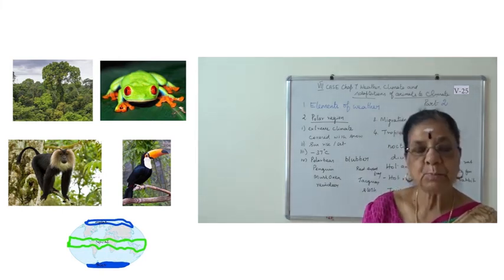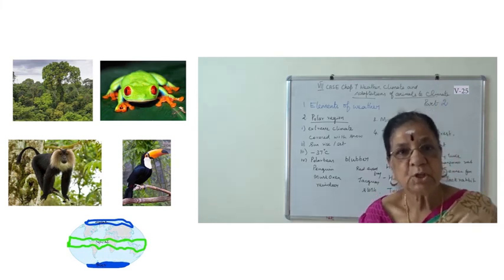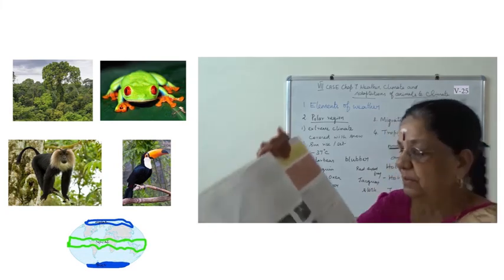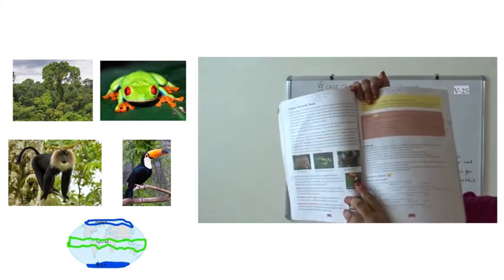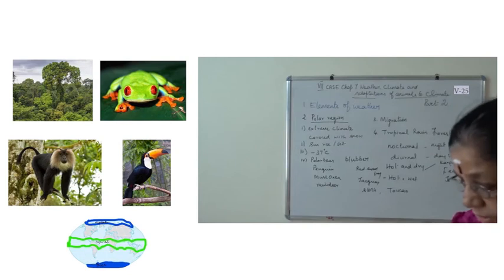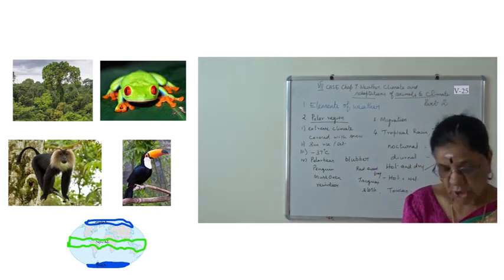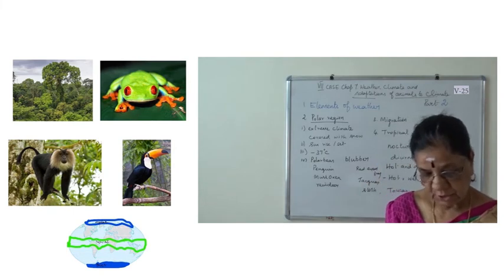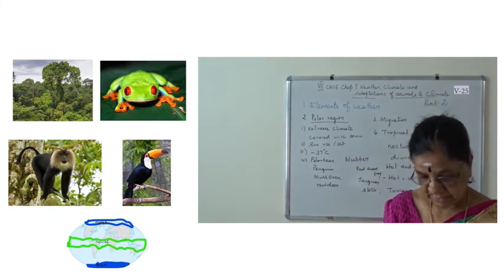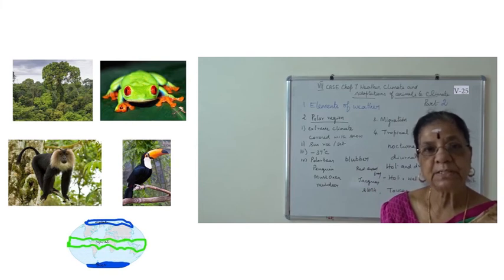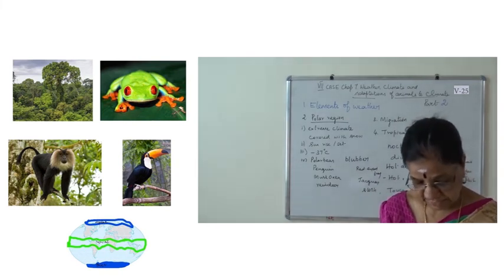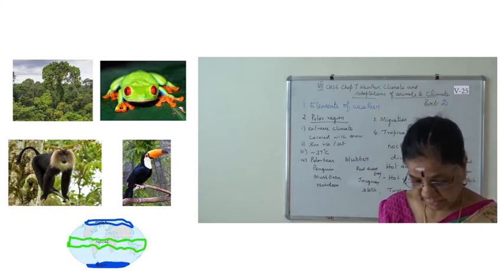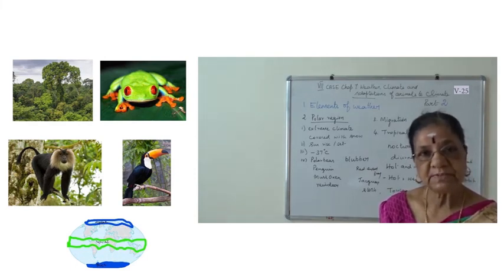Then another important bird called the toucan. Toucans have a long, large, strong beak that is supplied with blood vessels.